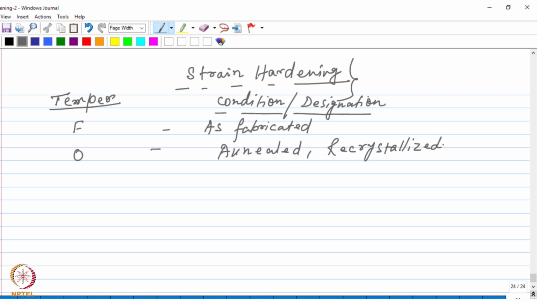Now, when you talk about the hardening, this letter H comes into picture, indicating strain hardening, and this will be followed by a digit like 1, for example. So when you see H in the temper, then you know that this alloy has been strain hardened.